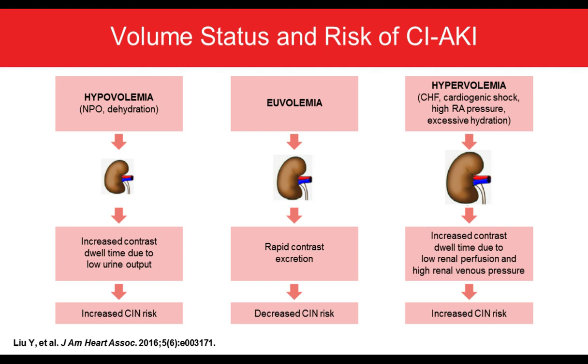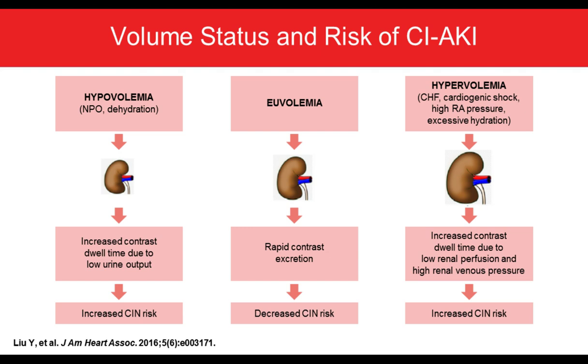Of course, we all see patients who are hypervolemic, those who are decompensated in heart failure or acutely unstable in cardiogenic shock. And those individuals also have increased dwell time due to a combination of low renal perfusion feeding the kidney and a high renal vein pressure, so that the problem is not simply perfusion, but emptying of the renal structure by the renal vein.